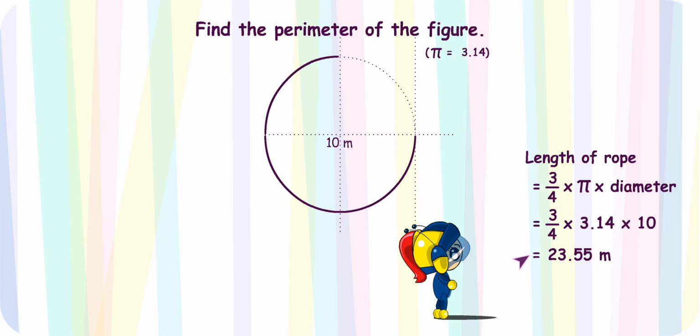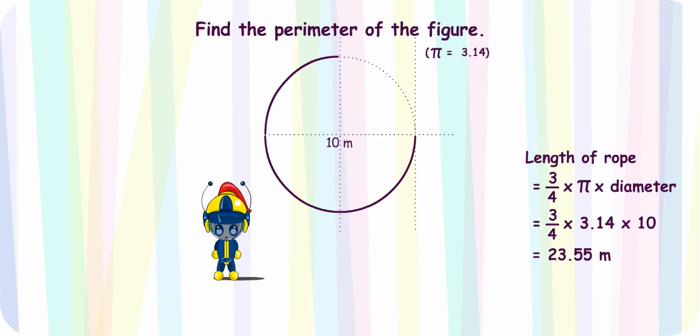The length of the rope is 23.55 meters long. Oh, this is interesting. By cutting the figures up, we will get basic shapes which we can easily find their perimeters or circumferences. That's right. We can also rearrange the figure to form basic shapes, just like what we have done earlier.